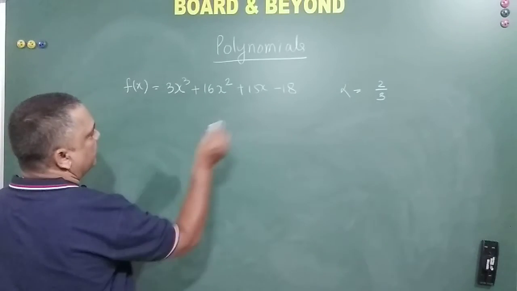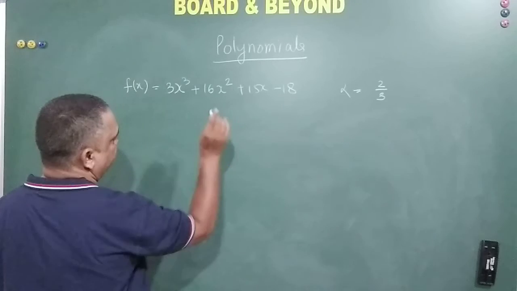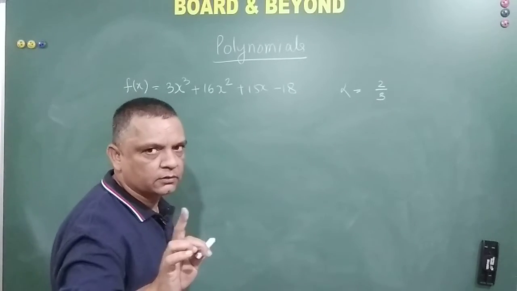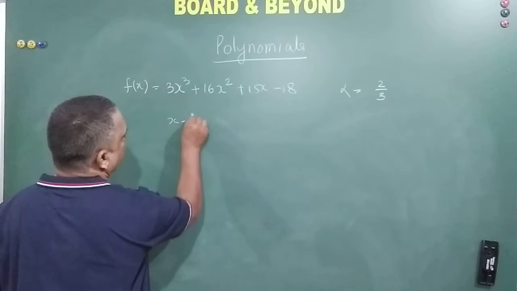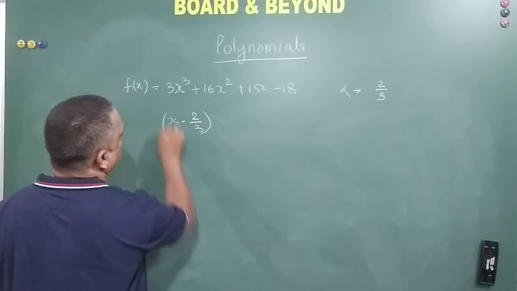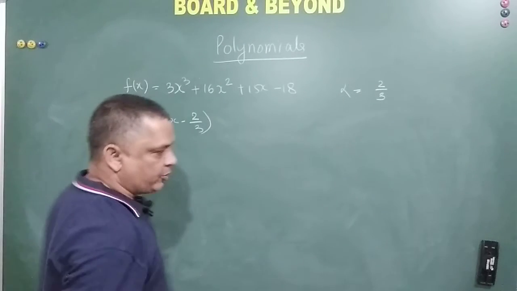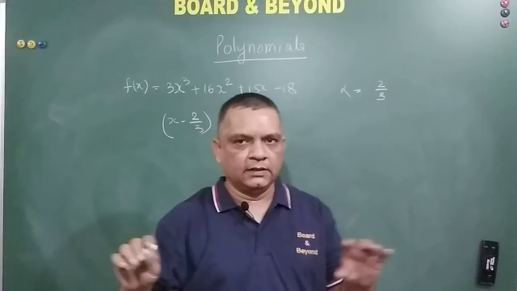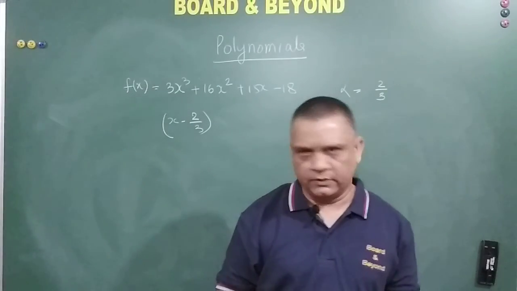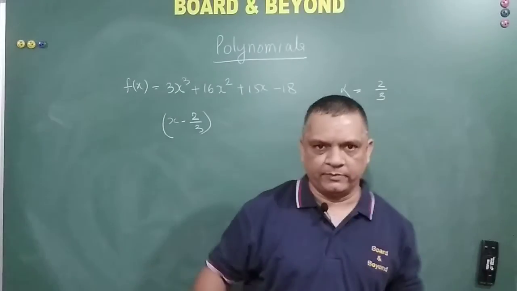So if 2 by 3 is one of the roots, that means x minus 2 by 3 will be a factor of this polynomial. I think no doubts up to here, because we have been doing this for quite some time now.